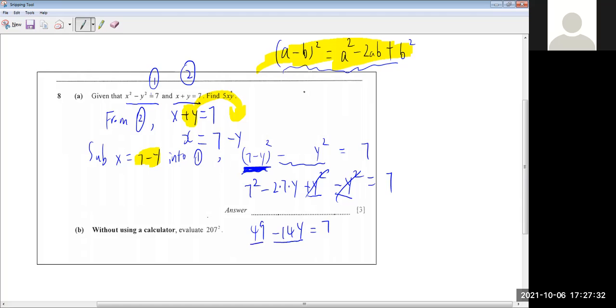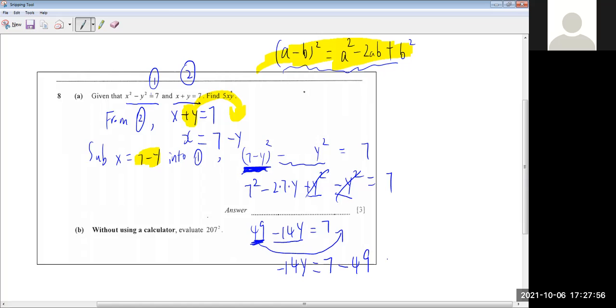So I decide to bring the 49 over to the other side. So minus 14y remain. 49, I bring it over, so you need to change it to minus 49.